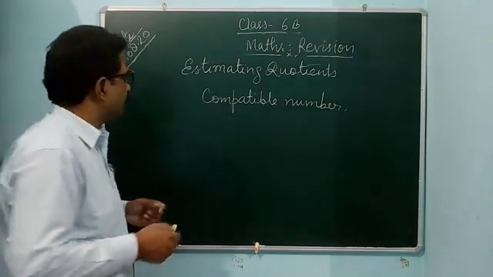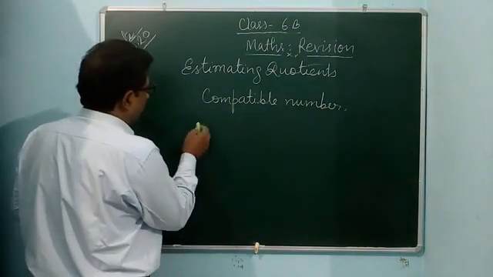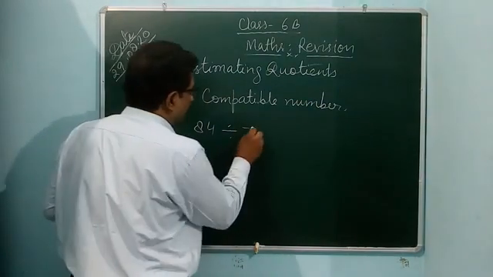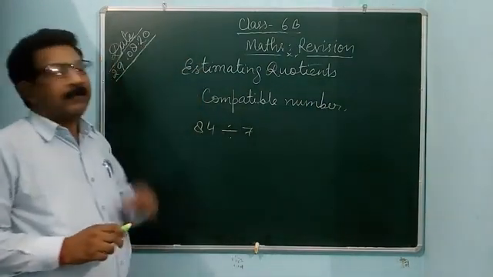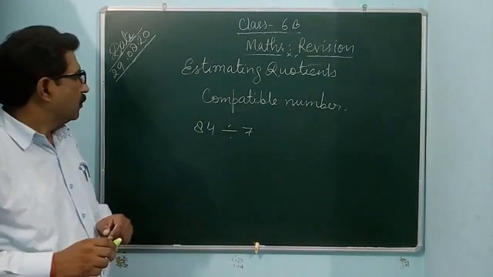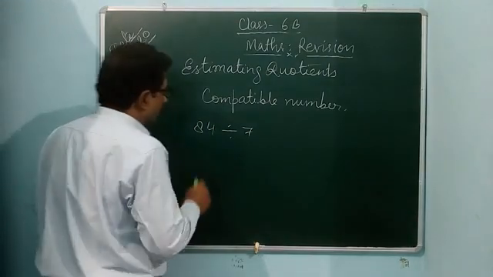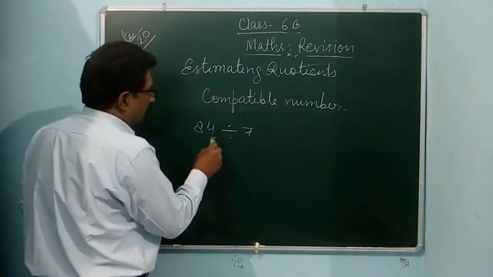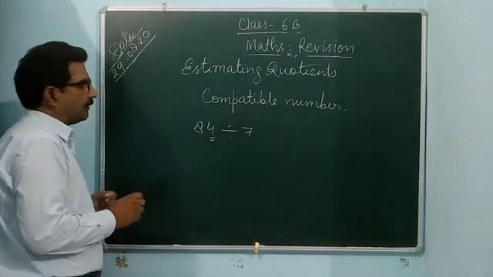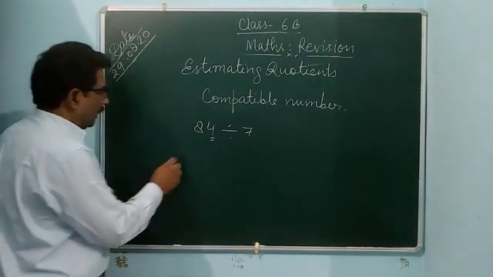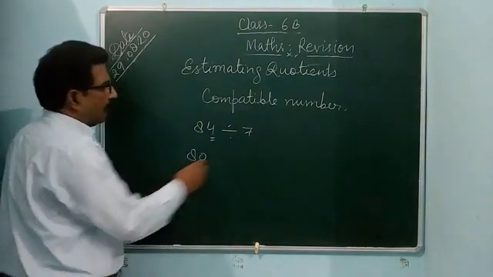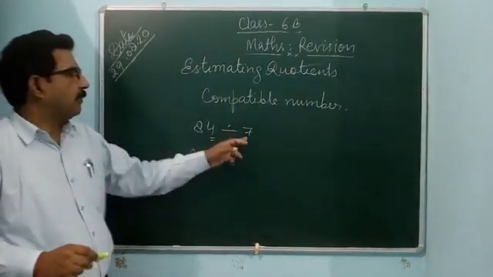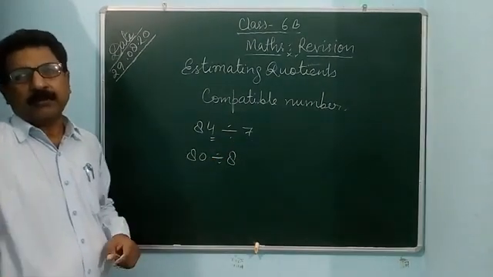You see, this is 84 divided by 7. So you can take 84 as a compatible number, like 80, and in place of the divisor 7 it will be 8.